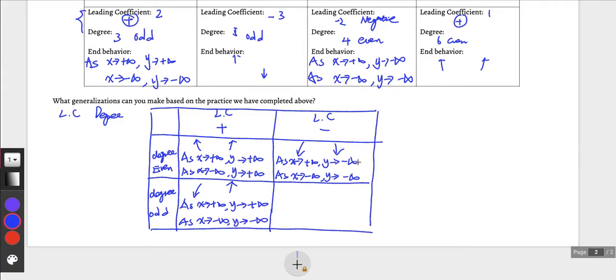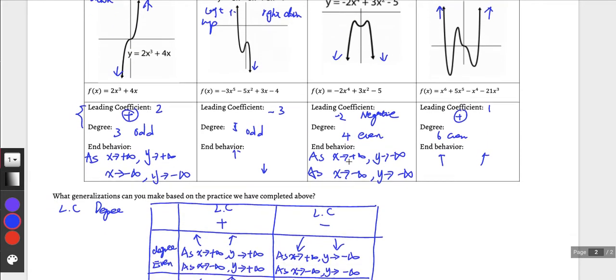This is exactly the same direction as x. When the leading coefficient is negative, it changes: it's left up, right down. So as x approaches positive infinity, y goes down to negative infinity, but as x approaches negative infinity, y approaches positive infinity, which is exactly the opposite direction of x, as we can see from the second one.